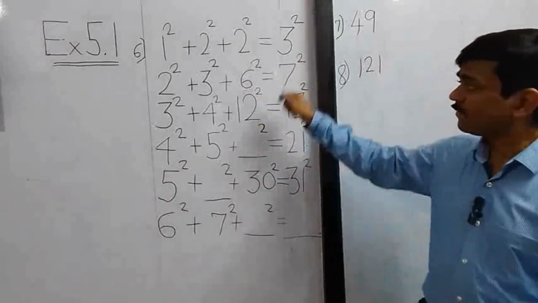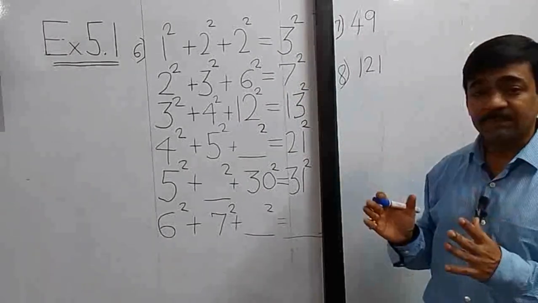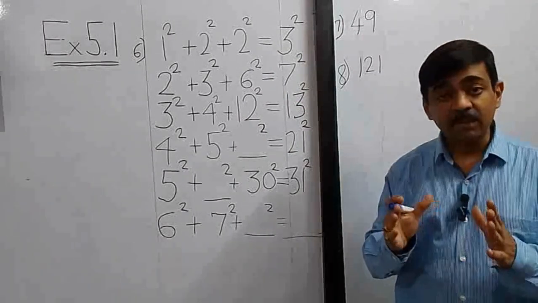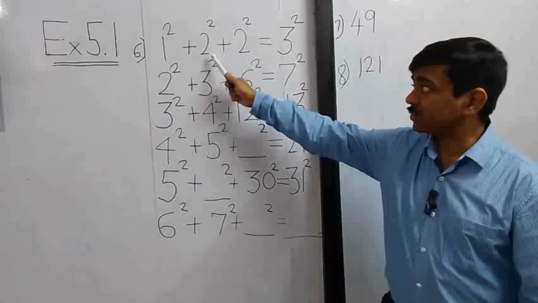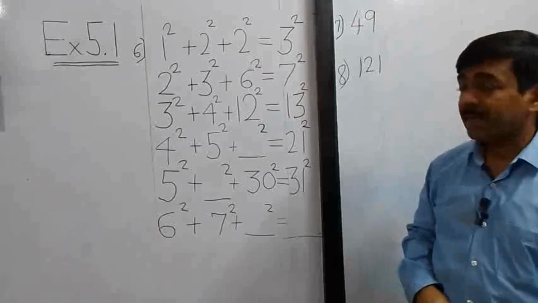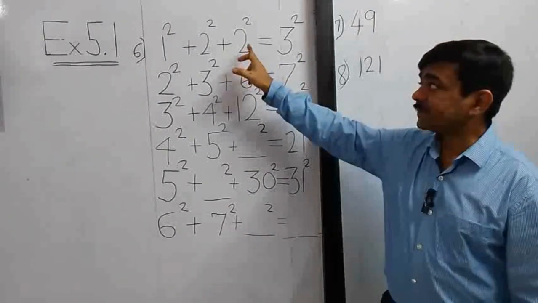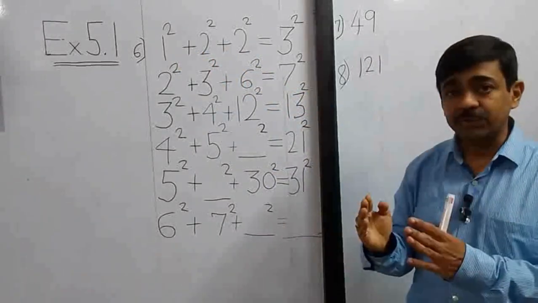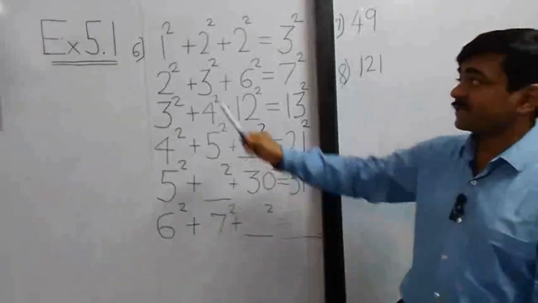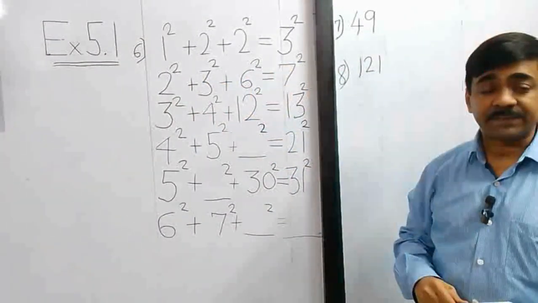If you look at the first three, these are sums of squares of numbers. Let us name them first digit, second digit, third digit and fourth digit.